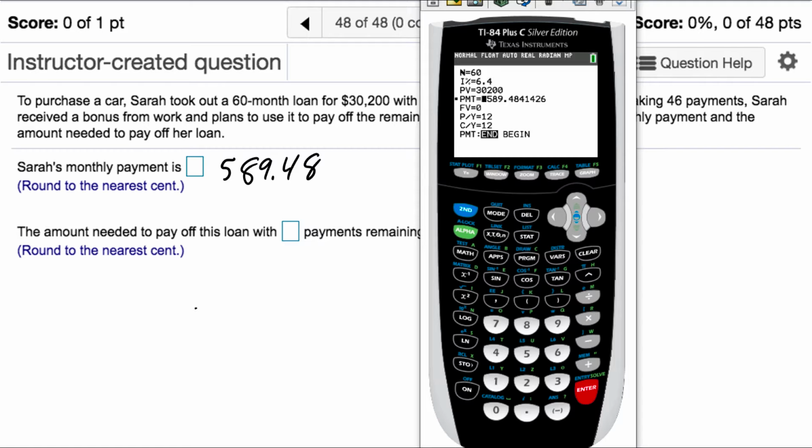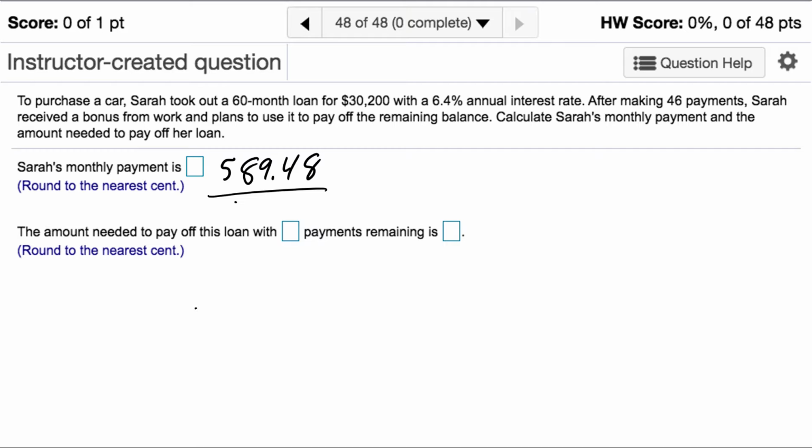The reason is that part of that $589.48 goes to the bank every month. Sarah makes that payment, and the bank takes their cut out of that, and only what's left over goes to paying off the loan. So multiplying that by 46 would be saying that every penny of that payment goes to paying off her loan, which is not the way it works.